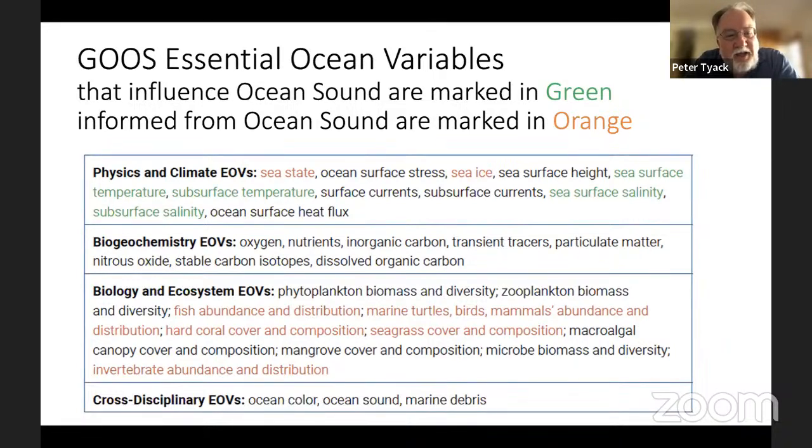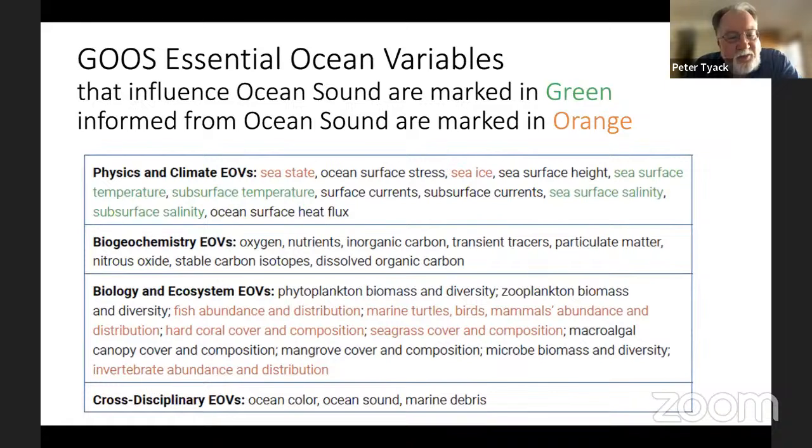The biology and ecosystem essential ocean variables are all focused on specific taxa of marine organisms, less focused on broader ecosystems and more focused on estimating the distribution and abundance of specific taxa.